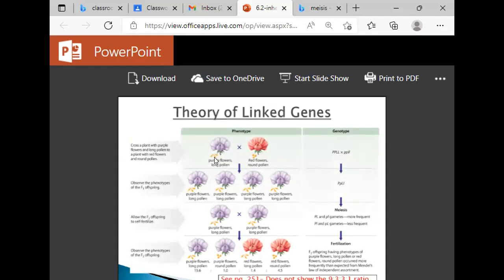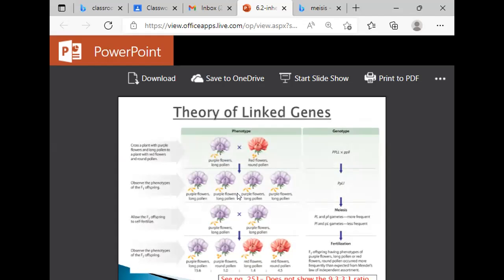So how many traits am I looking at? I'm looking at 2 traits. Therefore, I'm looking at a dihybrid cross. Agreed? Okay. I have a dominant trait. My dominant trait is purple color and long pollen grains.